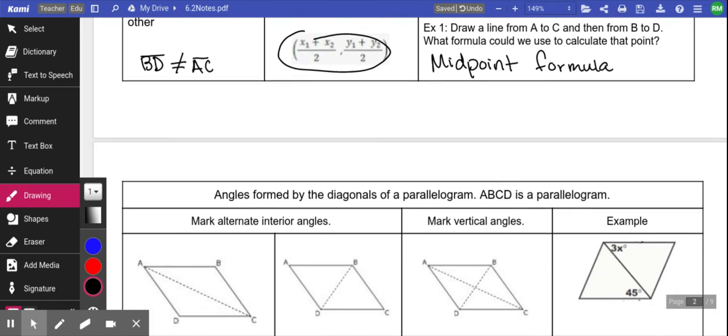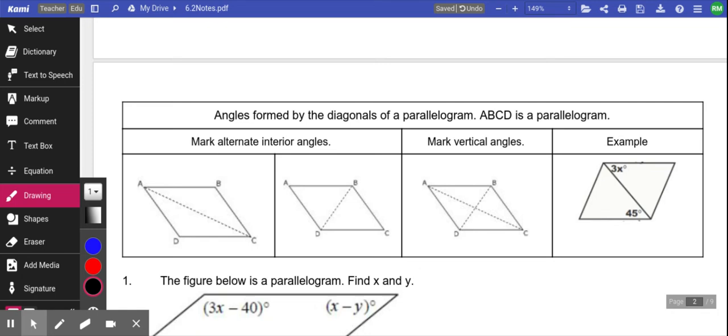Okay, moving on to the next. Let's talk about the angles formed by diagonals of a parallelogram. So in the first 2 sets, I asked you to mark the interior angles. So the alternate interior angles here would be, that's one set of alternate interior angles.